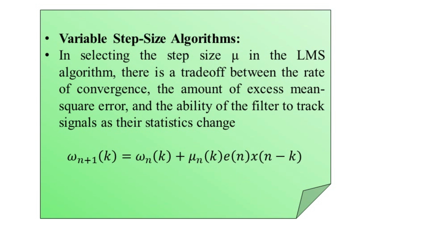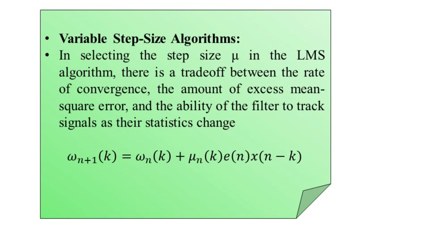So in this representation, mu suffix n of k represents the variable step sizes, and these are adjusted independently for each of the coefficient values here.